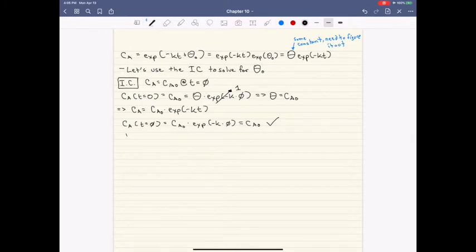Let's now see if it satisfies the differential equation. So what we have is dCa/dt. Let's take the derivative of the equation that we derived. Our derivative here is going to be Ca naught, that's a constant, times the derivative of that exponential term. Based on the chain rule, what we get is negative k times the exponential of negative kt. I'll rewrite what we get on the right-hand side like this.